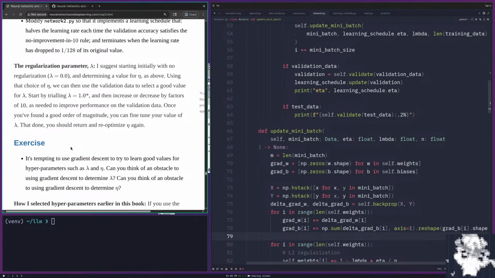So you'd have to come up with a cost function that's like, okay, let me say this a better way. Lambda and eta don't impact the cost. They only impact how the cost changes over time.